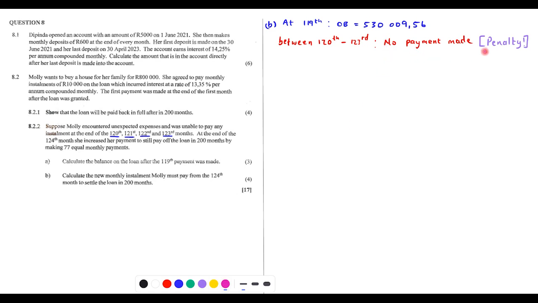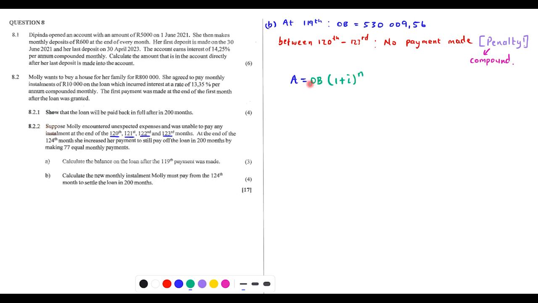So the minute you miss a payment after you've been paying and then you start missing a payment, what the bank does is they take the outstanding balance and then they compound it, right, basically into the amount of payments that you've already missed, right?